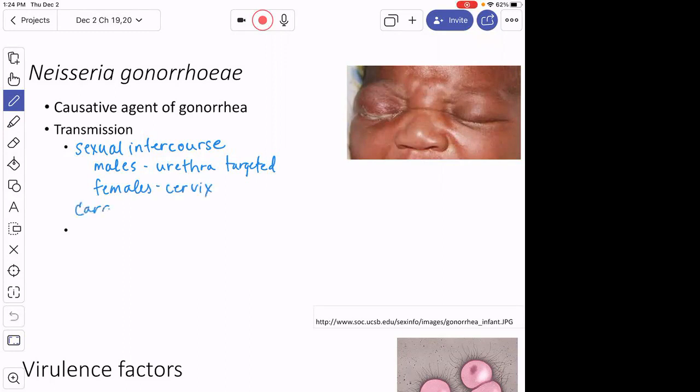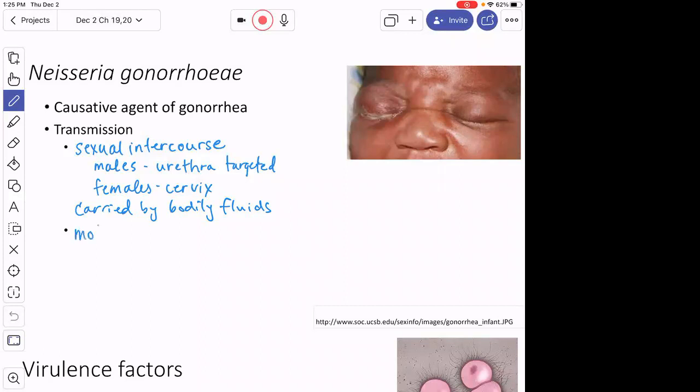And again, since it's carried by bodily fluids, an infected male is more likely to pass it on to a female because it hitches a ride on that sperm. A female that's infected and the male's not is less likely to transmit it, maybe only 20% of the time. But an infected male will transmit it, they estimate about 50% of the time to a female.